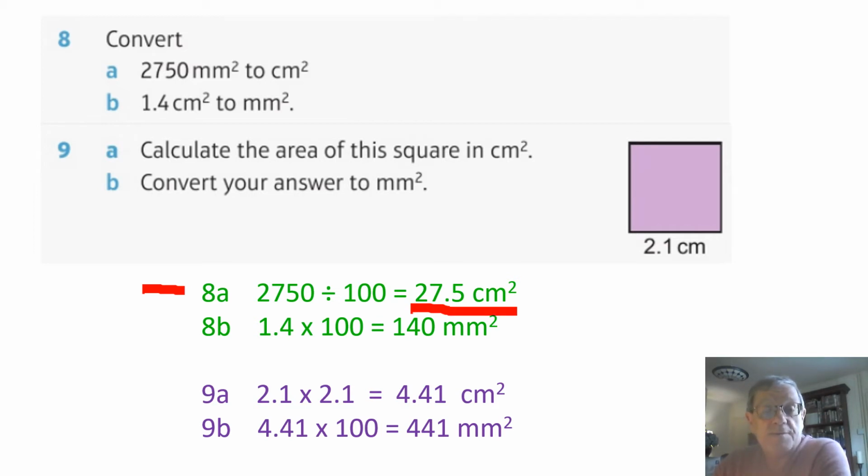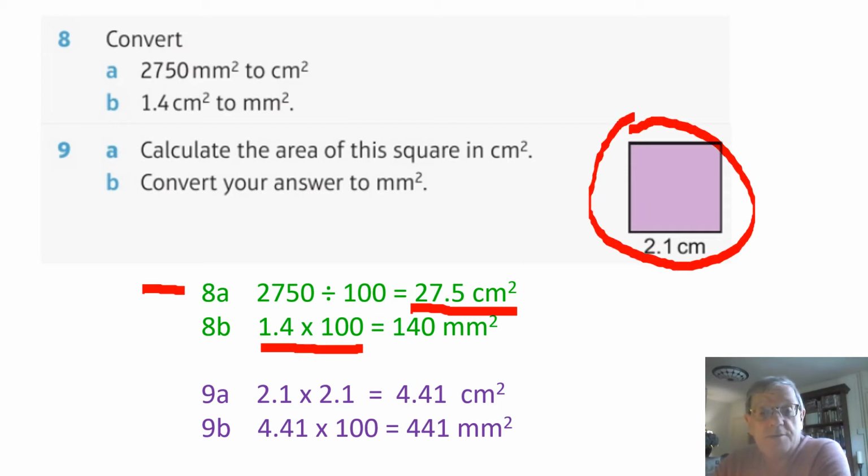And going from square centimeters to square millimeters, I'm going from the big to the little. It's a times problem, so I'm timesing by 100: 140 square millimeters. Number 9, that's the picture here. This is a square of side 2.1, so the area is 2.1 times 2.1, which is 4.41 square centimeters. Times that by 100, I get 441 square millimeters.